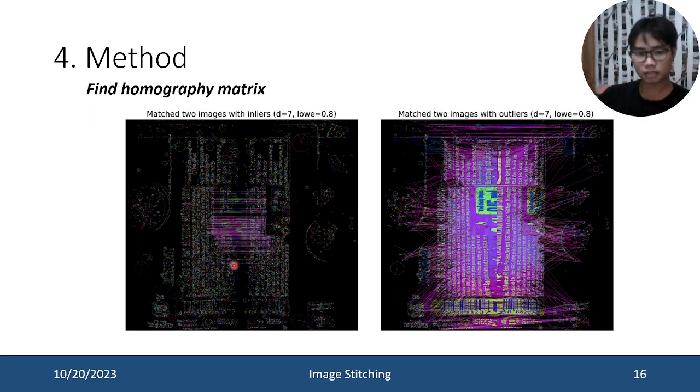We have many incorrect matches out of our observation, and there's a name given to these unmatched pairs: they are called outliers, while the correct ones are called inliers. So when matching we have inliers and outliers. The inliers are good for finding the homography matrix, but there are many outliers, and the outliers are bad for finding the homography matrix.